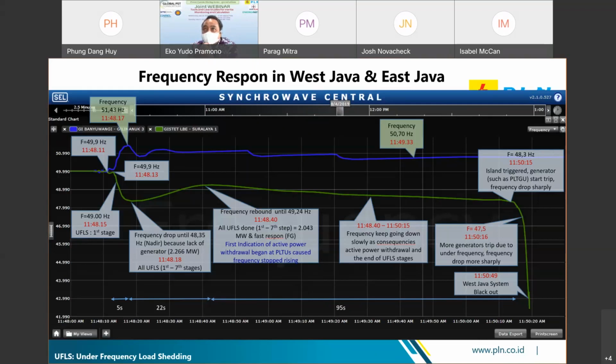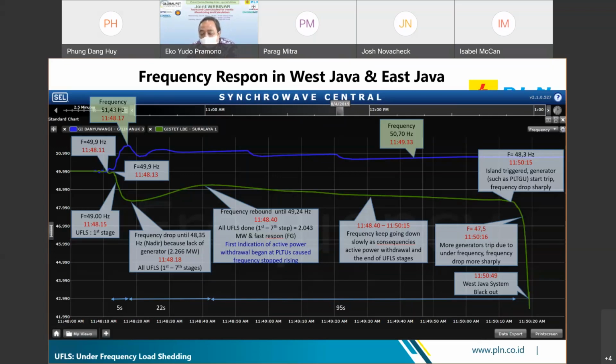green line, the frequency going down until the frequency nadir 48.35 from 49.9 hertz. So very deep, because of the lack of generation, 2269 megawatt.